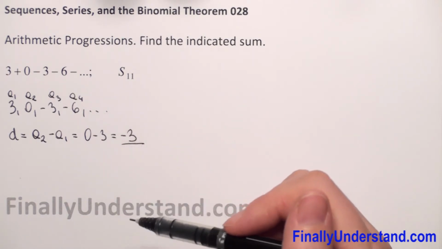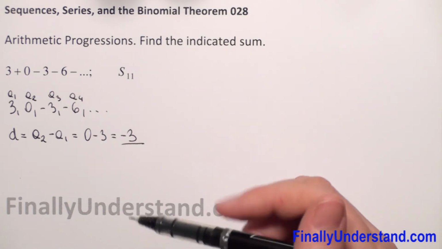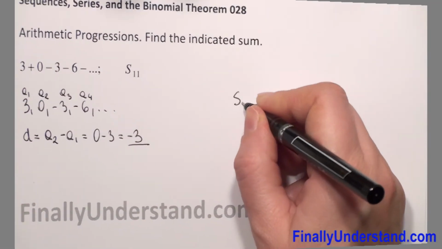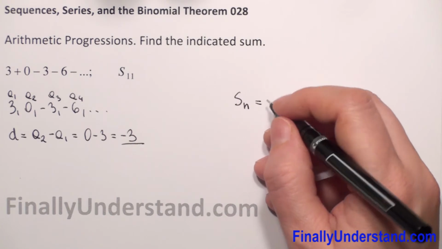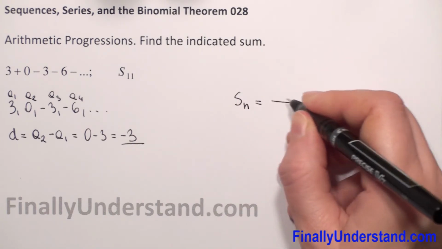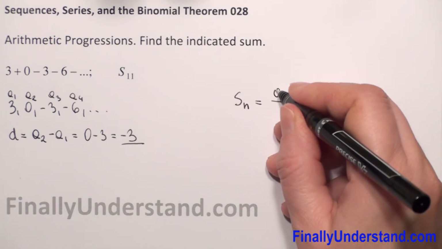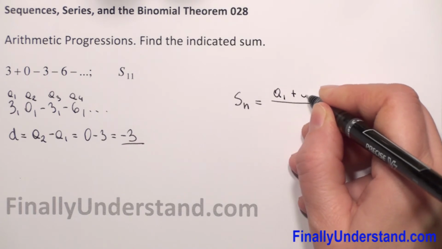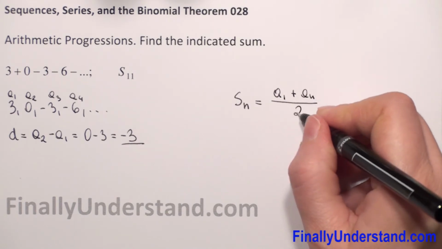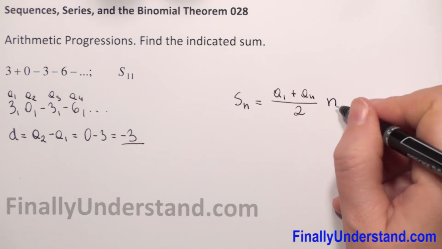What else? We know the sum of n terms of an arithmetic progression. In the numerator we have to add the first term plus the nth term, divide by 2 and multiply everything by n.